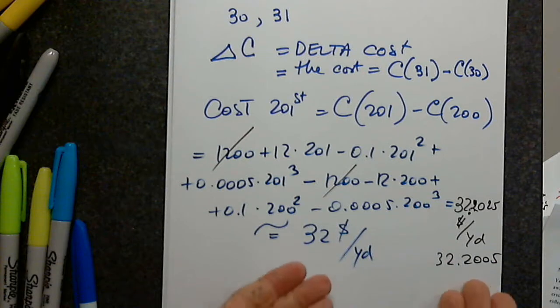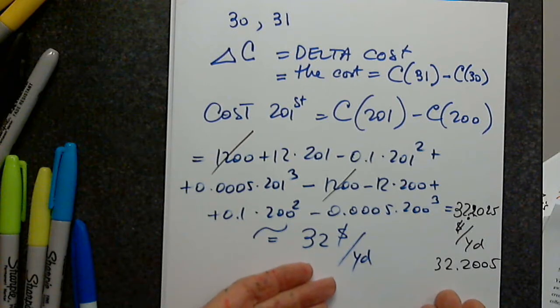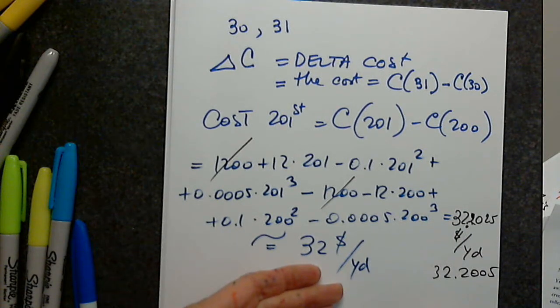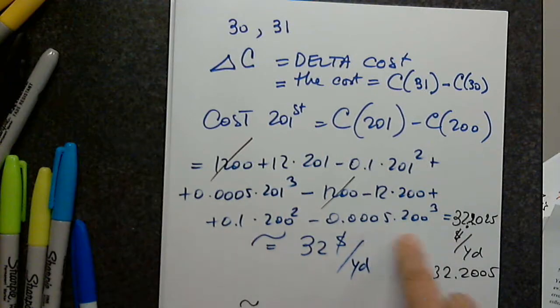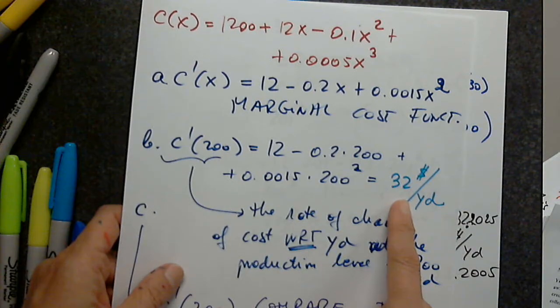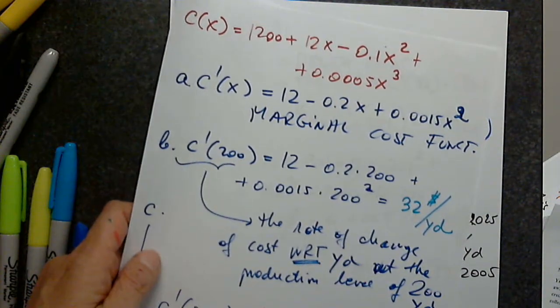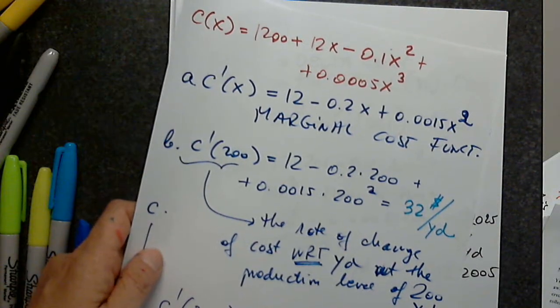So let's compare. And here's my final question for tonight. Which of these two calculations would you prefer, this one or this one, knowing that they are so close to each other, and you don't really care for decimals?